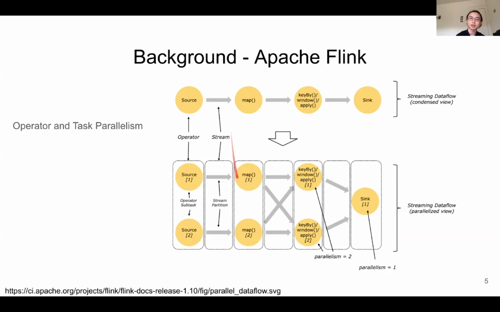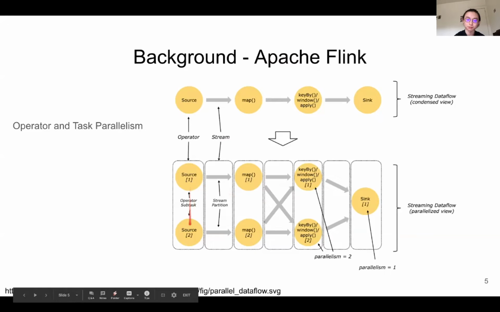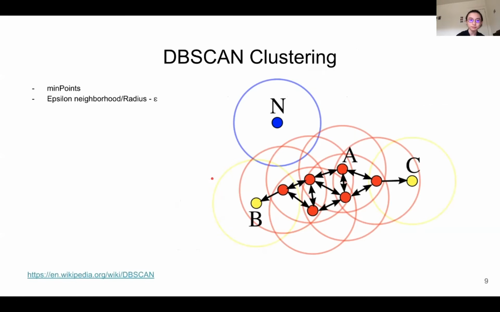Then Apache Flink will compile and translate the job graph into an execution graph here. You can see each of the instances of the operator has some number of parallelism, and the communication channel between each of the operators is handled by Apache Flink.